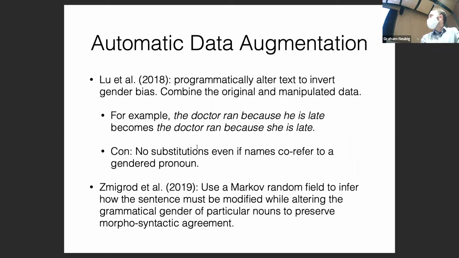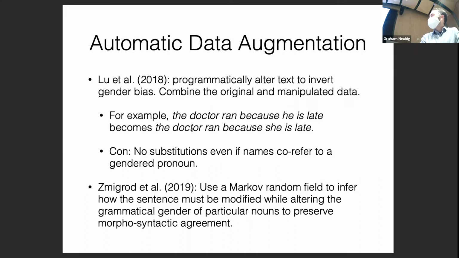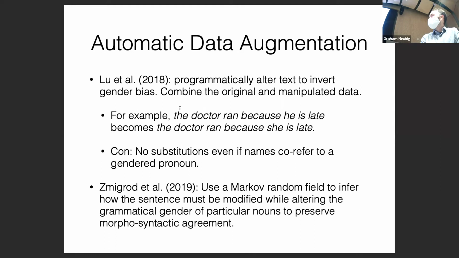And one difficulty with this is you have to very carefully decide how to augment data, and you're probably going to miss something, right? You can't think of all the possible ways that gender or whatever else might interact appropriately, like names, for example. If you have a gendered name, how do you handle things like that?